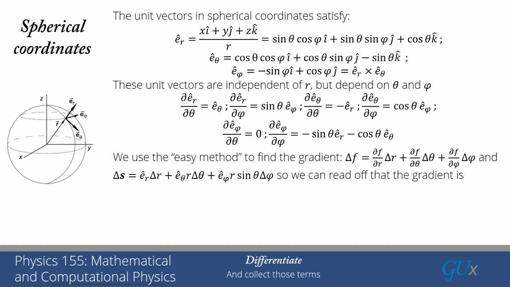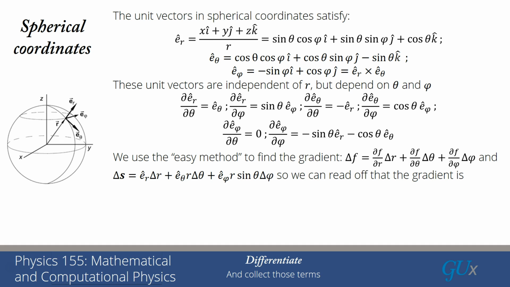And we now have to write delta f as delta s dotted into the gradient of f. And as we did before, we get the partial derivatives with respect to r, theta, or phi, and we have to divide by the factors in delta s that are not delta r, delta theta, or delta phi.